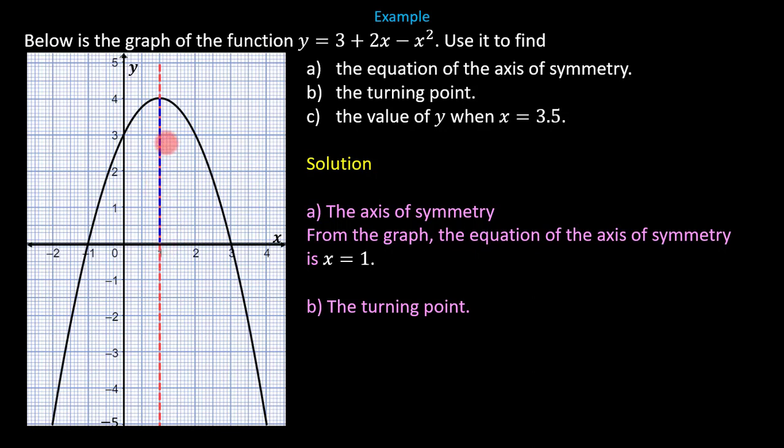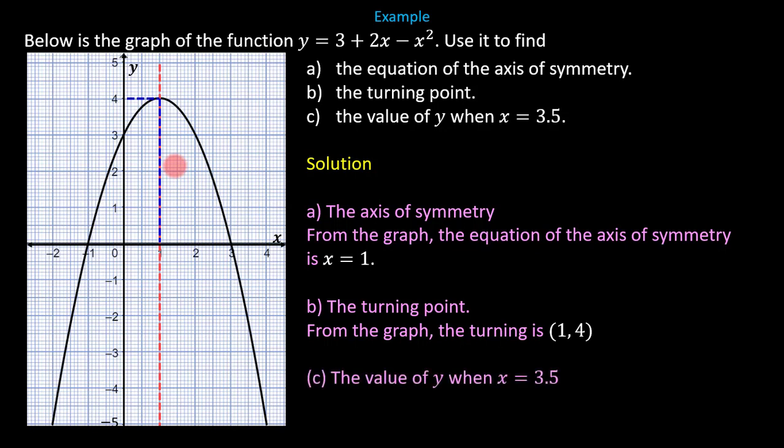And then if you trace horizontally to the y-axis, you have the y coordinate being 4. So using our x equal to 1 and our y equal to 4, we can derive our turning point. So from the graph, the turning point is simply (1, 4), or better still, the point of coordinate x equal to 1 and y coordinate equal to 4.